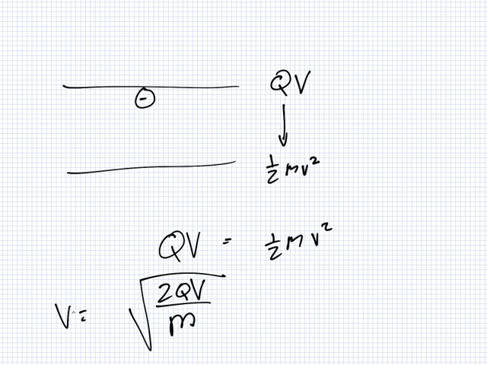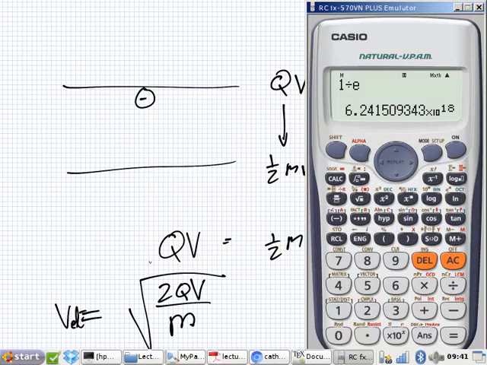Now that v is velocity, V is voltage. Okay, let's see what we get here. Square root of 2 times, it's an electron so it's e, times 500 over the mass of an electron. Is it number 3? Yeah. See, it's a huge answer.